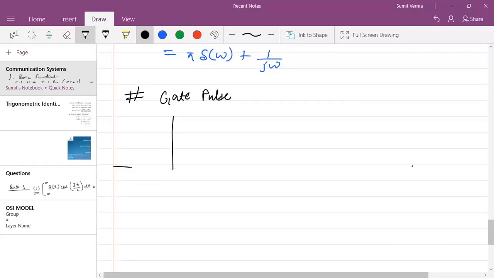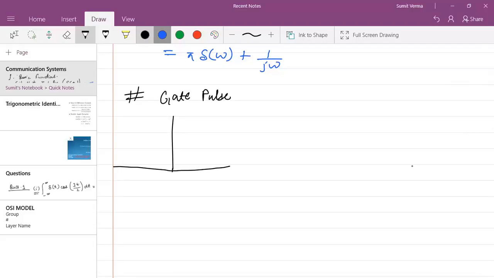It is basically your rectangular pulse only, but I am defining it from minus t by 2 to t by 2. Let's take this value to be 1, this is your function f of t. So this is what we get.